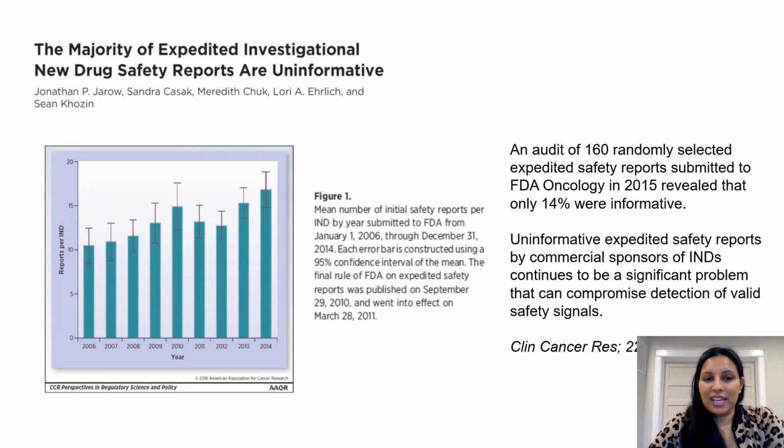So the FDA oncology group did not stop here at this publication. There were several more. They reached out to several sponsors who were particularly guilty of this practice of over-reporting, sent letters, met with companies individually to review their reporting practices, and asked essentially that they stop.